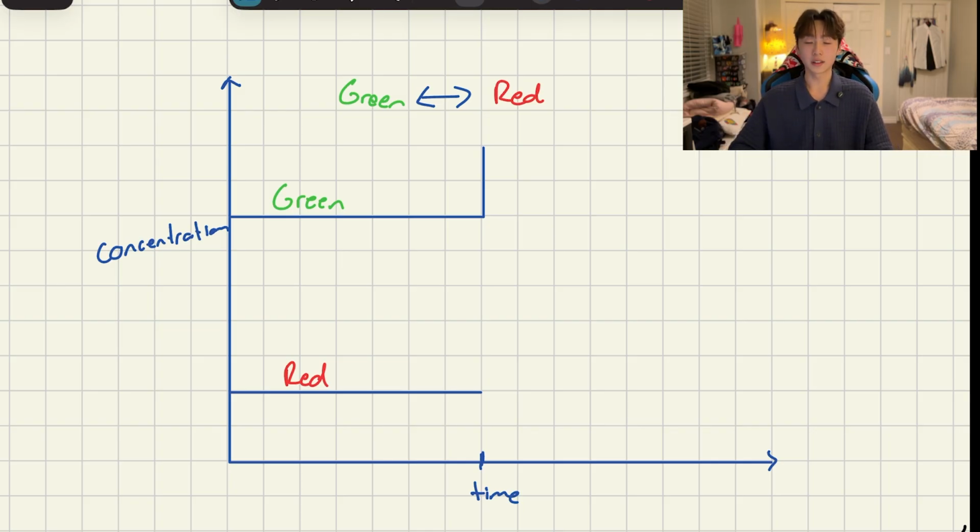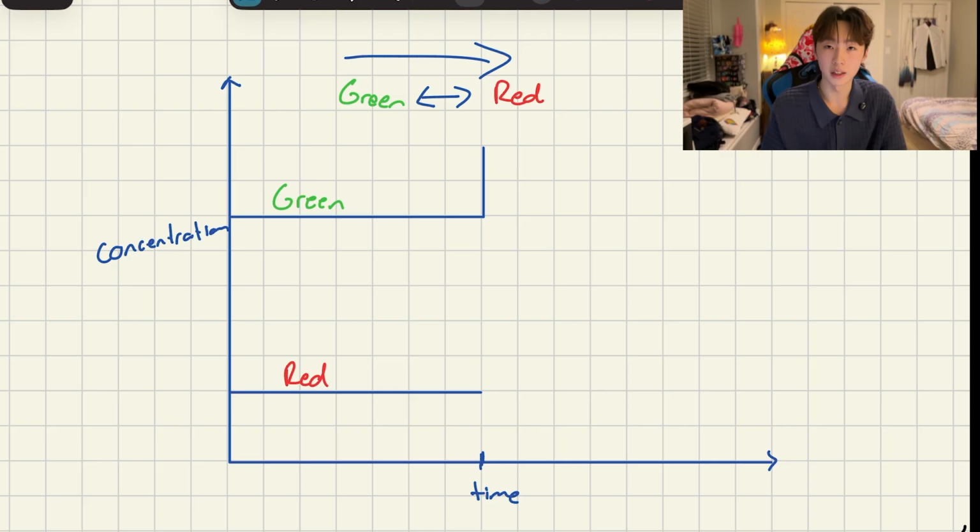So think back to Le Chatelier's principle. Increasing the concentration of green, that's a stress, right? So how do we counteract that stress? We're going to make more products to get rid of the green, to react it out. So we're going to be making more red. So the concentration of red is going to go up, while the concentration of green will go down.